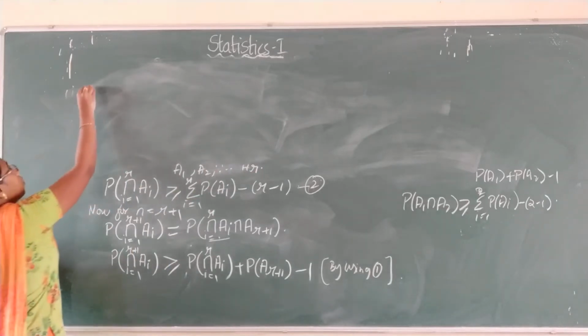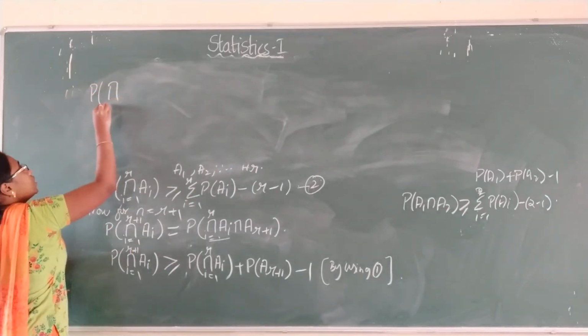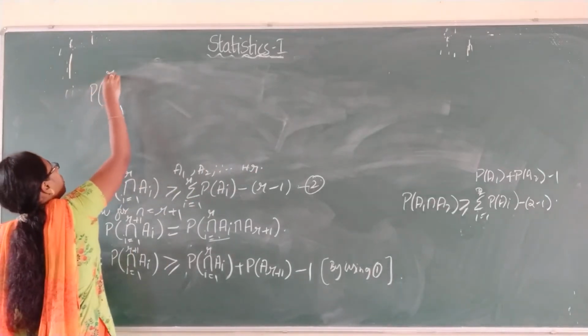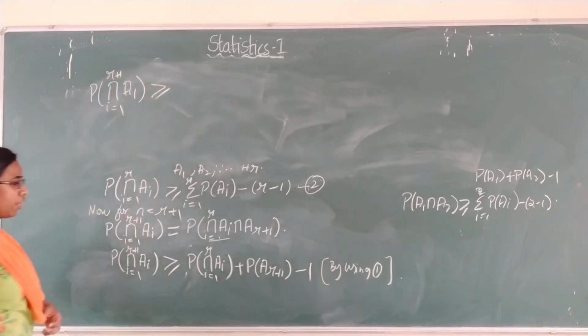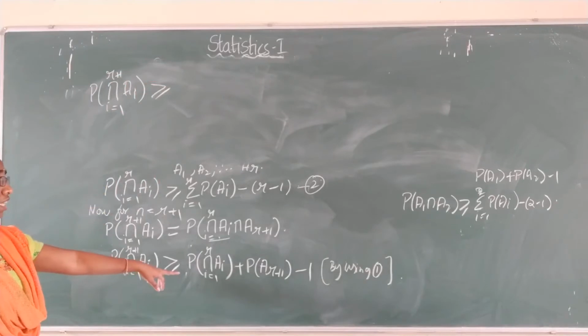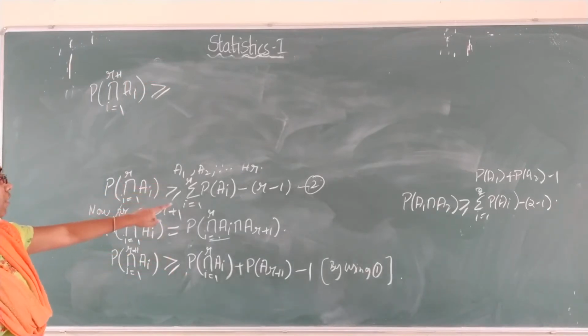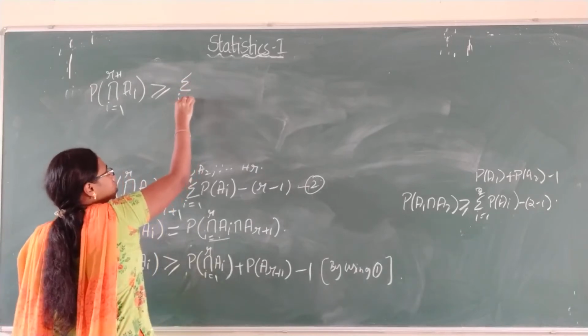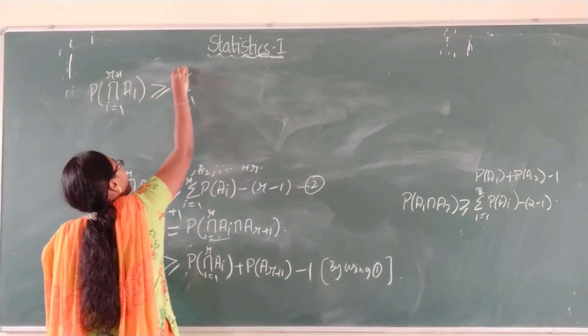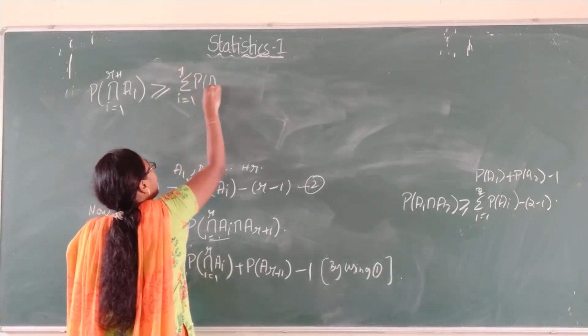So probability of intersection i equals 1 to r plus 1 of Ai is greater than or equal to, this value is nothing but we have here, that is summation i equals 1 to r of P of Ai.